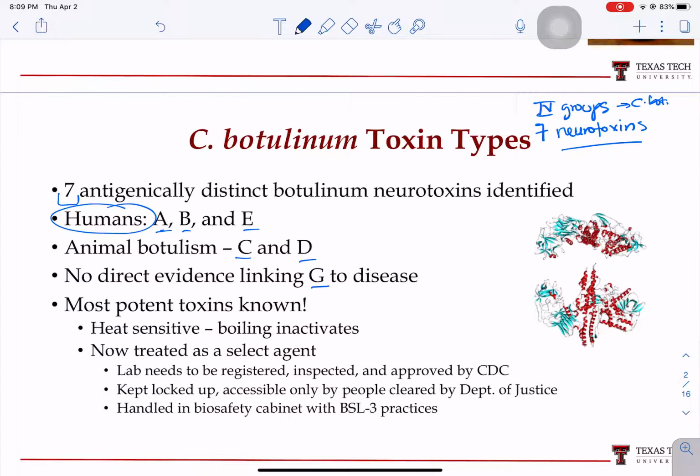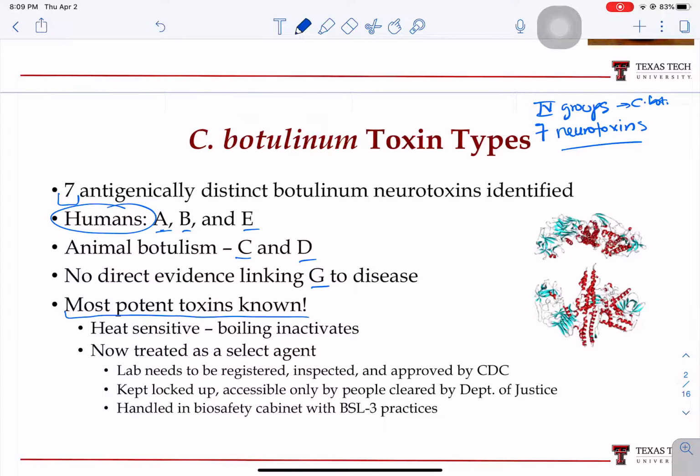Also important to know about botulism, this is the most potent toxin that we know, and this is one of the most dangerous microorganisms that we are studying here. There are high chances of death if somebody consumes a food contaminated with the botulinum toxin. The chances of death are high.